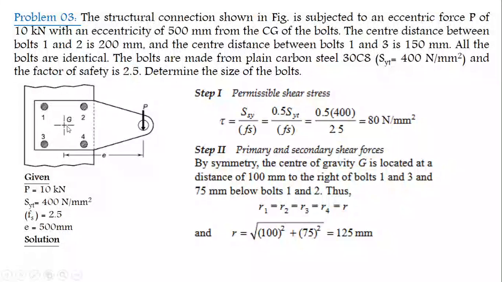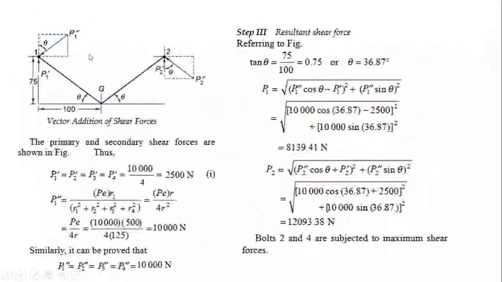This value is 100 millimeter and this value is 75 millimeter, which are already given. Now R equals square root of 100 squared plus 75 squared, and we get the radius as 125 millimeter.